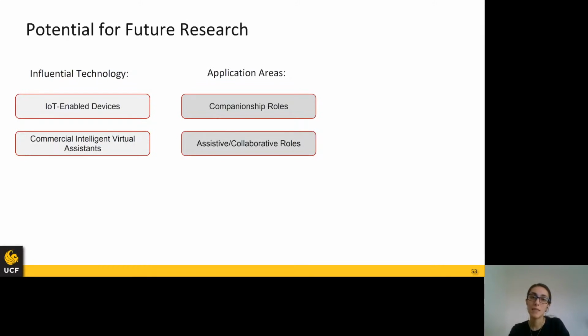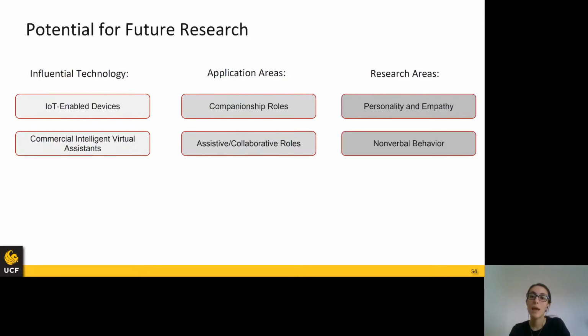We think that as these agents can be more dynamic and responsive to us in our environment, there's a lot of potential for them in companionship roles, assistive and collaborative roles. And last, we think there's a lot of opportunity for looking at the influences of these agents' personality, ability to convey empathy, and overall their nonverbal behavior.